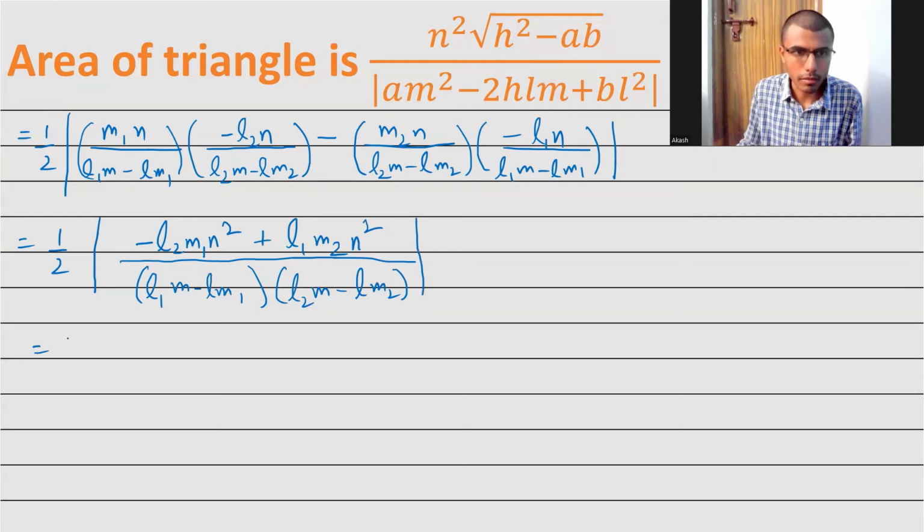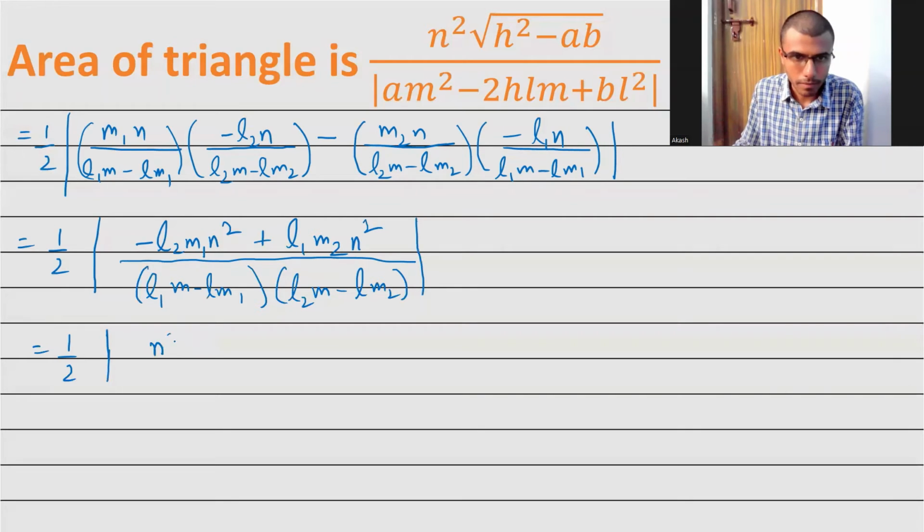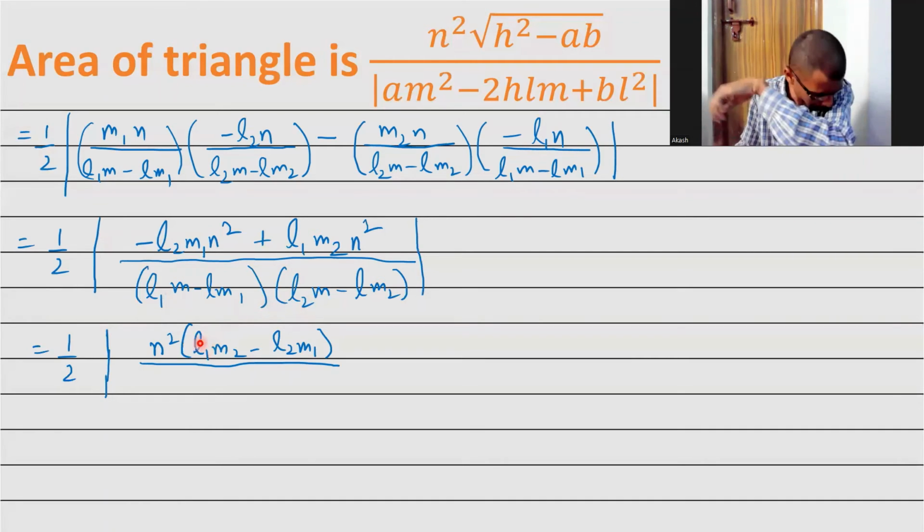Now this is equal to half into mod. If you observe these two terms, if I take n square common, I'd be left with L1 m2 minus L2 m1. This is n square into L1 m2 minus L2 m1, divided by, now let's start multiplying L1m into L2m minus LM2, minus LM1 into L2m minus LM2.